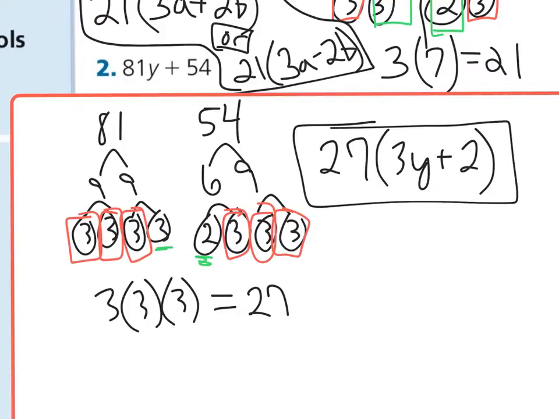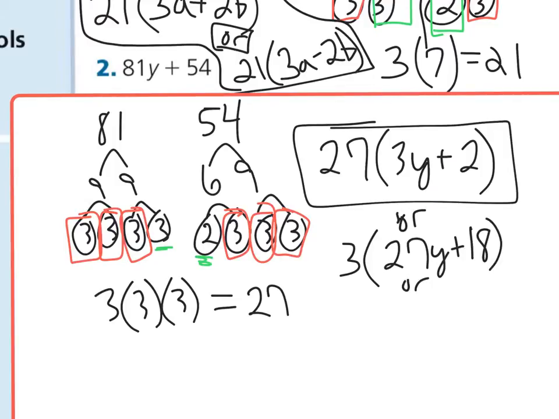Now, one thing the book points out here, there's actually technically other ways that we could work this one out as well. This is what I would consider the best answer to this problem. If you didn't factor out quite as much, let's say we only factored out a 3, that would be 3 times the quantity 27y plus 18.